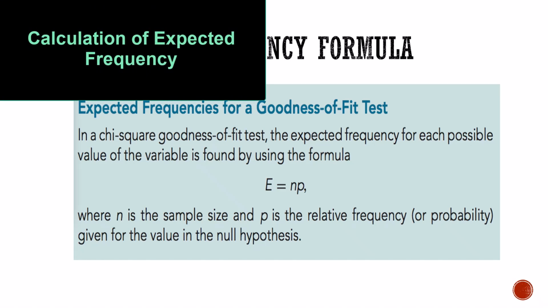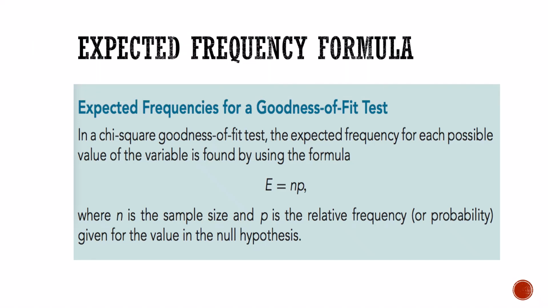Now, previously we said that we will talk about two terms. One was the observed frequency, the other was the expected frequency. Observed frequency would apply to recent data obtained from a recent study. So that would be actual data, actual frequency values. Expected frequencies, on the other hand, refer to past frequencies, right?